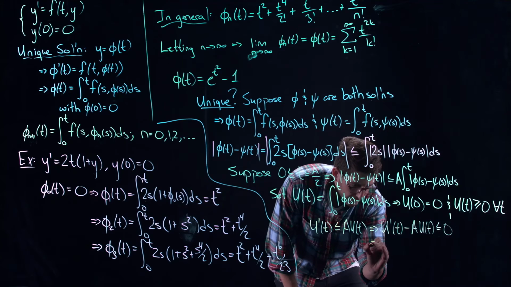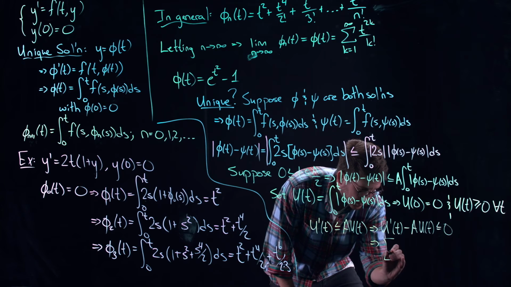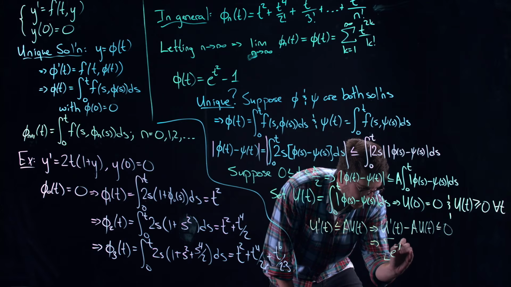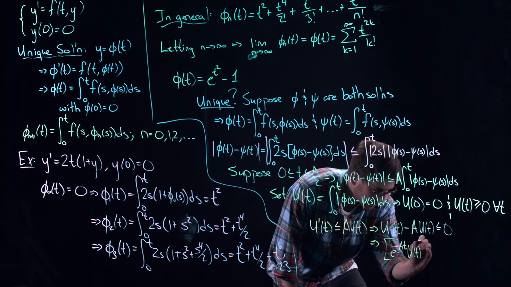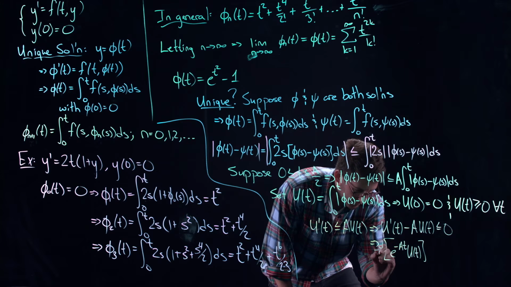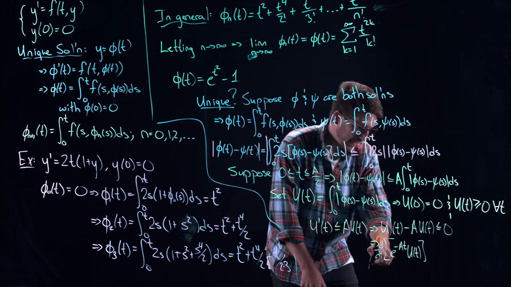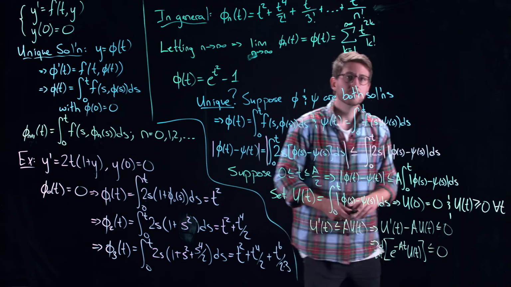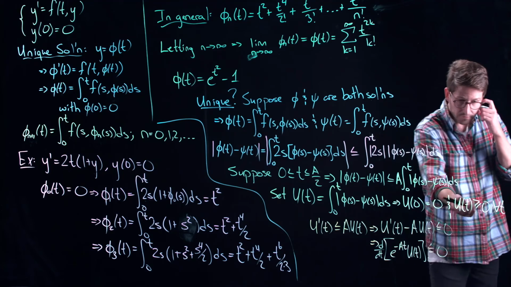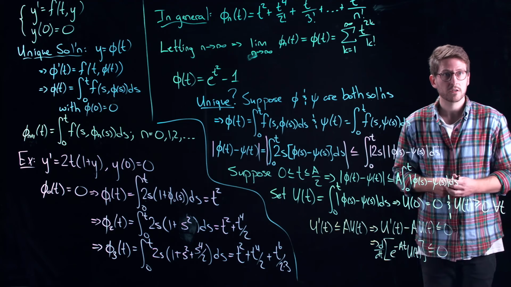So in fact, this could be written as e to the minus at times U of t, and d dt, because this is an integrating factor. And again, the inequality here is preserved, which comes from the non-negativity of my function U.